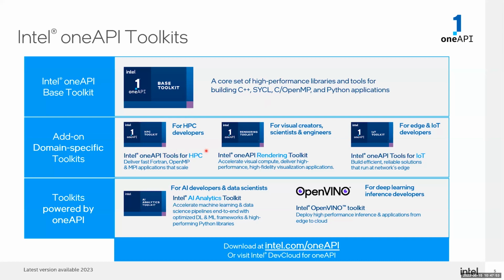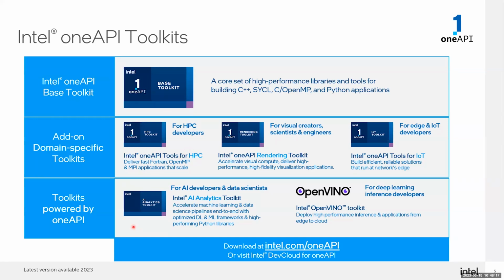And for each domain-specific toolkit, you will get the appropriate tools. For example, the AI toolkit will get you all the AI frameworks, and the HPC toolkit will get you the HPC-specific compilers like the Fortran compiler, OpenMP compiler, and the tools that are needed.